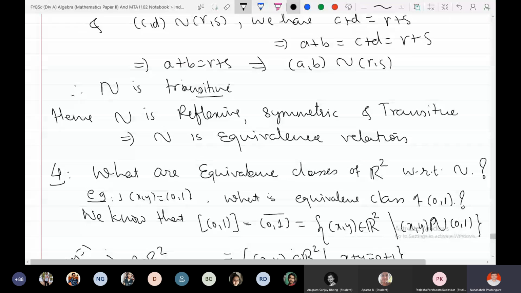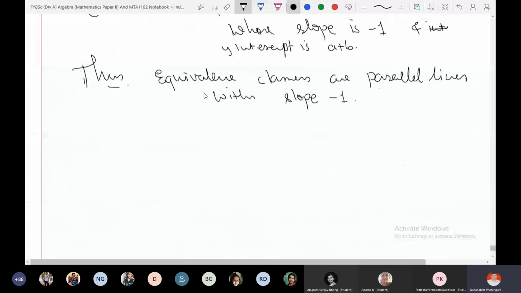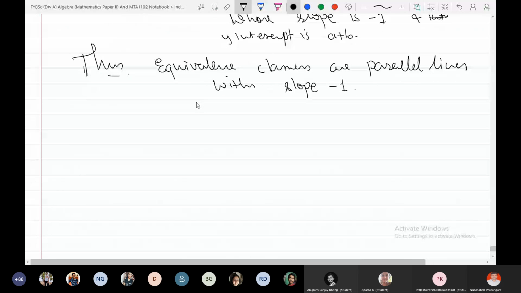So this is a perfect example here. You can understand the generalization of these things. What are the classes?